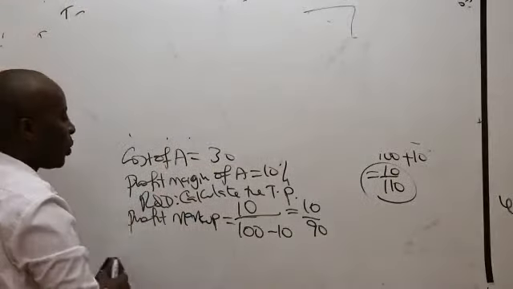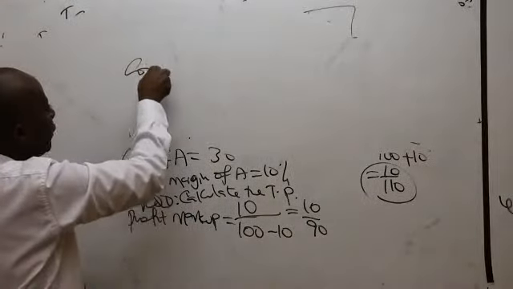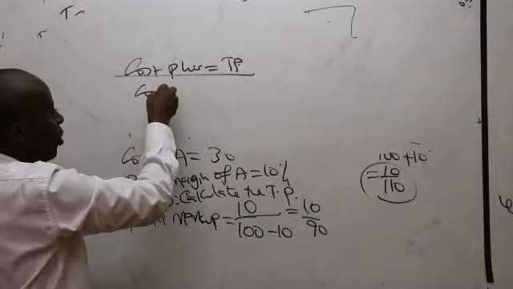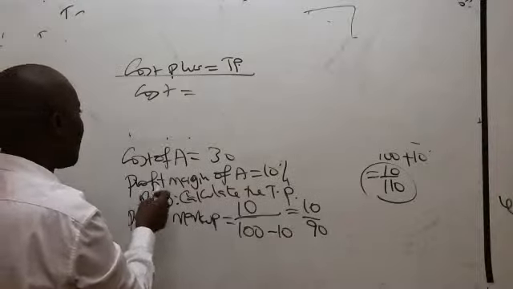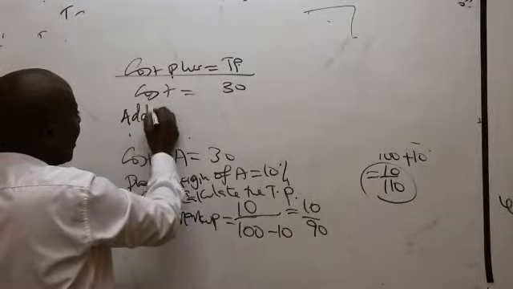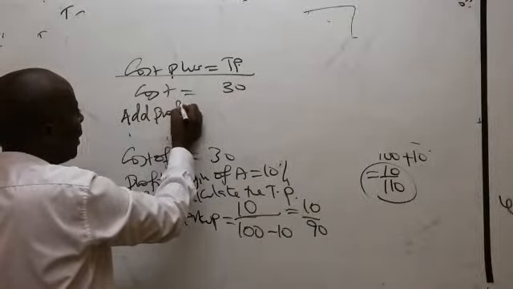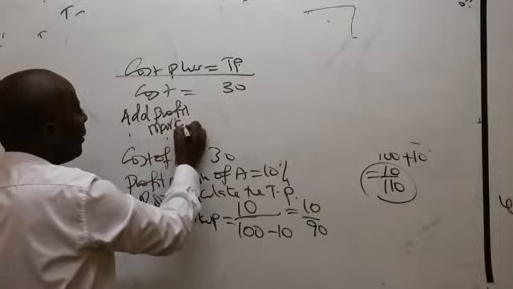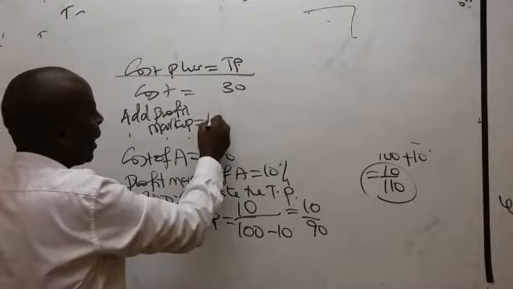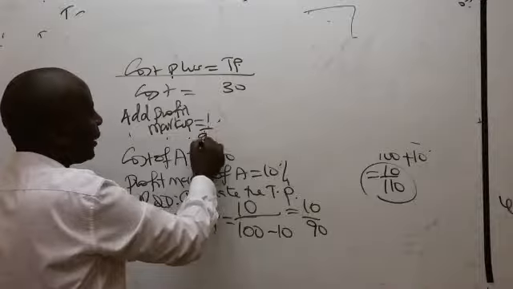For this more illustration here, I will talk of cost plus equals TP. We start with the cost. So the cost here is 30. And then we add profit markup. The profit markup, you told me it is 10 over 90 or 1 over 9 times the 30.